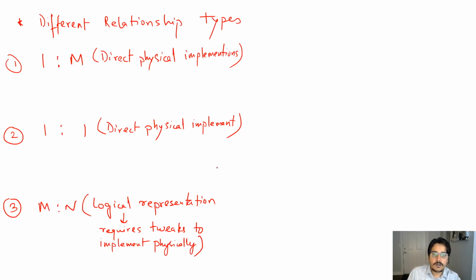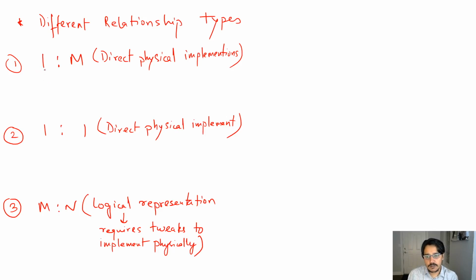So now let us discuss some examples, different types of examples that fall into these relationship type categories. Okay. Try to think of it yourself first before you look at the examples, and see if you can reason with the nature of these different relationship types that we are going to discuss. Okay. So 1:m is pretty straightforward.